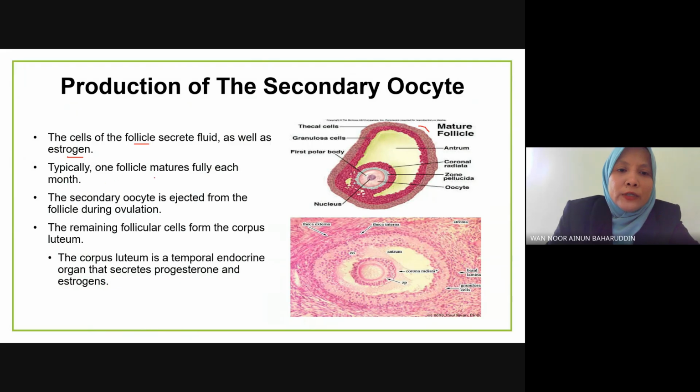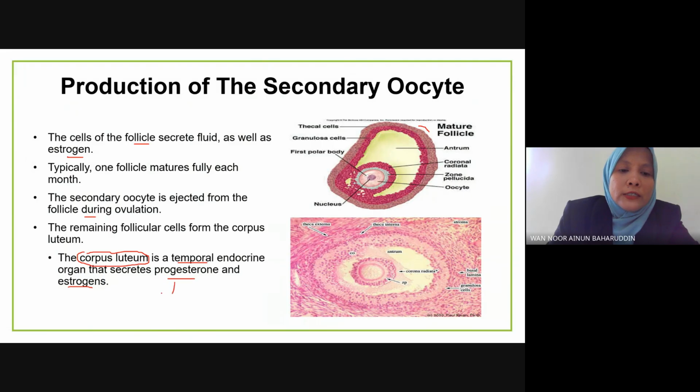Typically, one follicle will mature fully each month. The secondary oocyte is ejected from the follicle during ovulation, and the remaining follicle cells form the corpus luteum. The corpus luteum is a temporary endocrine organ that can also secrete progesterone as well as estrogen.